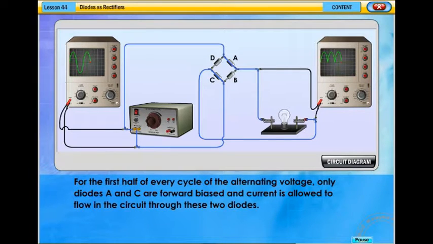For the first half of every cycle of the alternating voltage, only diodes A and C are forward biased, and current is allowed to flow in the circuit through these two diodes.